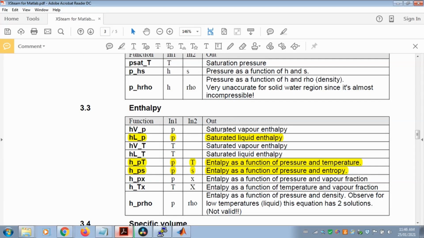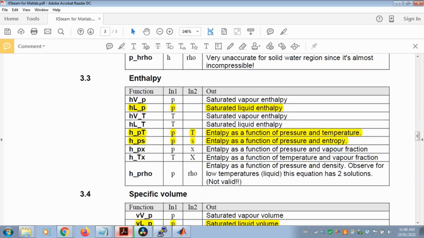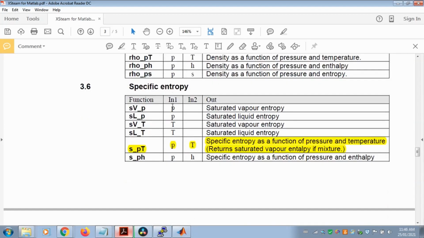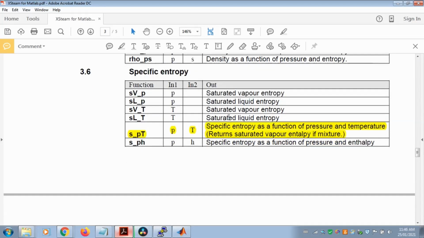Here I'm highlighting the different enthalpies or properties that we will be using to solve our Rankine cycle. Specific volume is here. Entropy, we will need it, for example, to state that S3 is equal to S4.